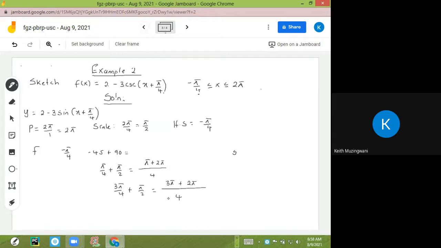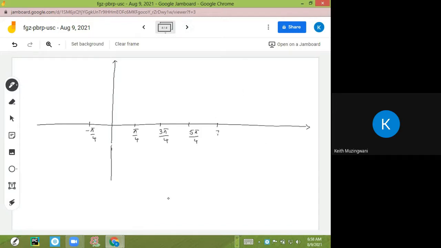So 5 pi/4 plus pi/2. We get 4 down, so we have 5 pi plus 2 pi, so we get 7 pi/4. Our next number is supposed to be 9 pi/4, which is beyond 2 pi. So we just put 2 pi.